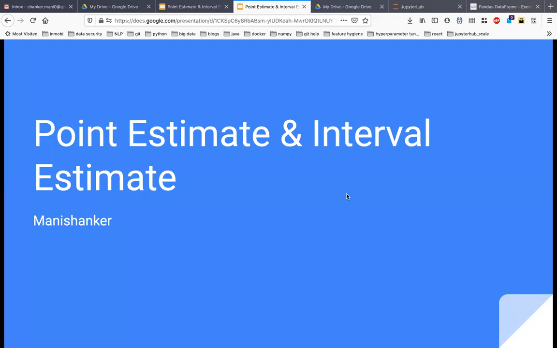So before jumping in, can anyone tell me what you understand from these two terms, point estimate and interval estimate? Any idea or anything that comes to your mind before I explain? It could be right or wrong. Confidence interval. Yeah, confidence interval. Anything else?